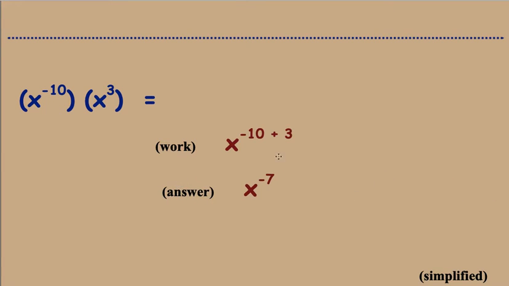Now, in previous lessons, we've talked about how a negative exponent becomes positive when you drop it down to the denominator. So most likely your teacher is going to want you to have it simplified as 1 over x to the 7. If you could picture having 10 x's in the denominator and 3 x's in the numerator, after you cancel them out, it's kind of like a step ahead for the division. You would get 7 x's on the bottom.